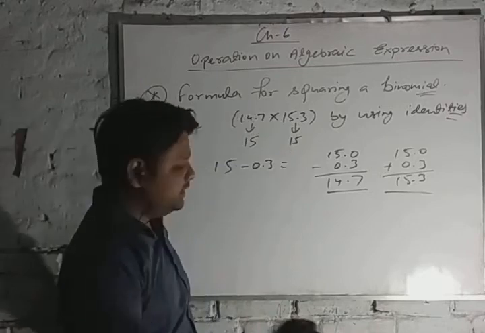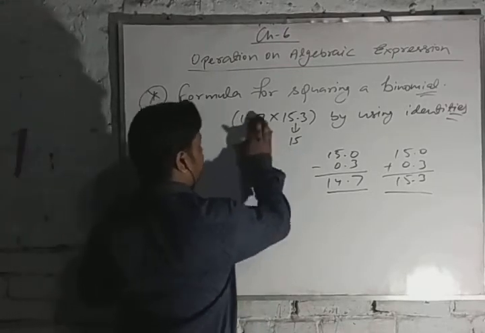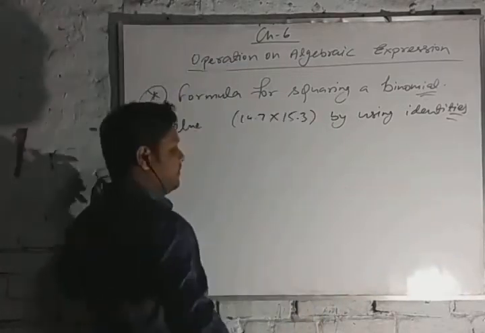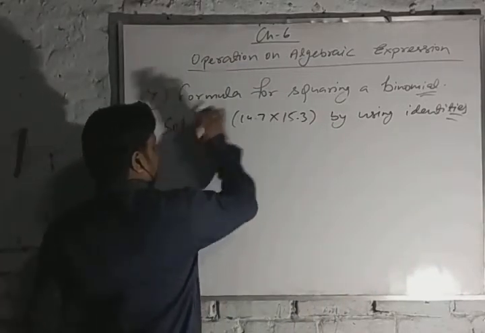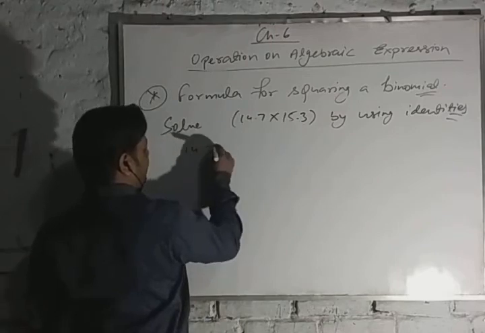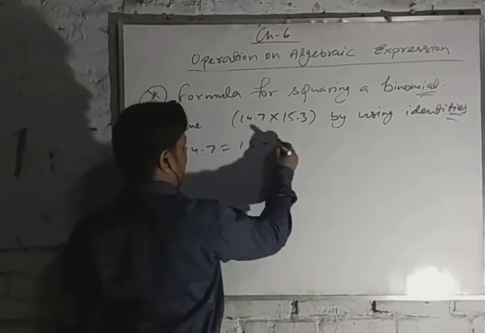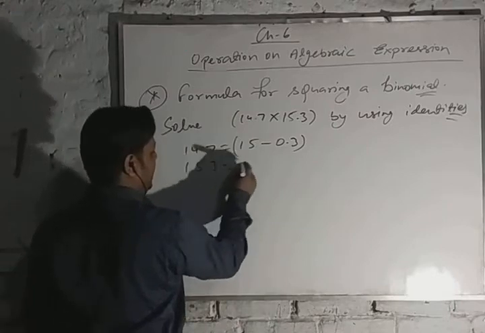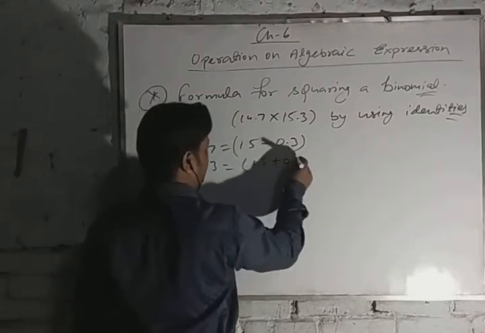Okay, so let's see. We can write 14.7 as 15 minus 0.3 and 15.3 as 15 plus 0.3.